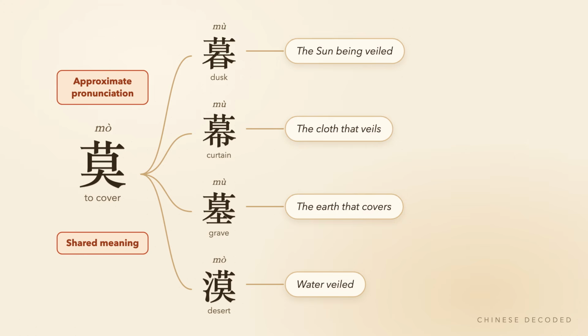Now, note that a phonetic radical only marks the sound approximately. For some characters, the pronunciation is exactly that of the phonetic radical. More often than not, they differ somewhat. The reason is that, like any language, Chinese has gone through sound shifts over more than 1,000 years.